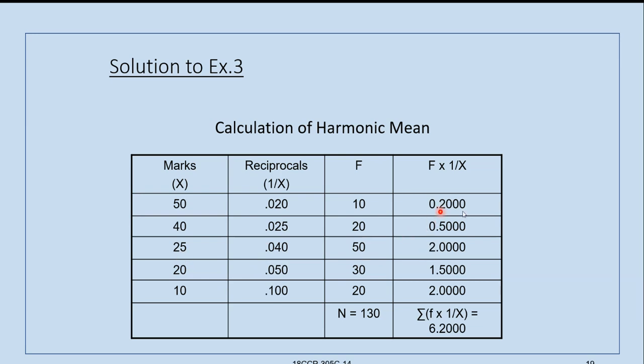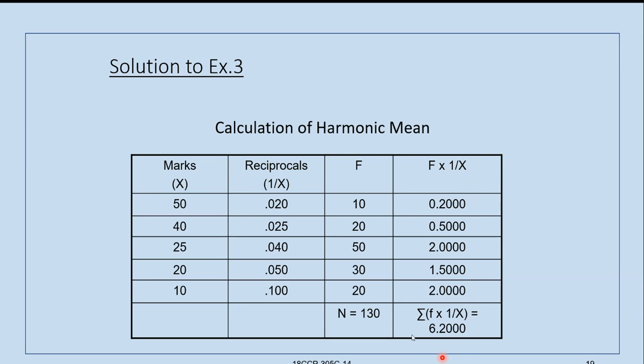Here the values are 0.2, 0.5, 2, 1.5, as I said 3 by 2 is 1.5, and again 2. So the total frequency, as we have calculated earlier from the problem, is n equal to 130. Now we will add all the reciprocals into frequency. That will be 6.2.